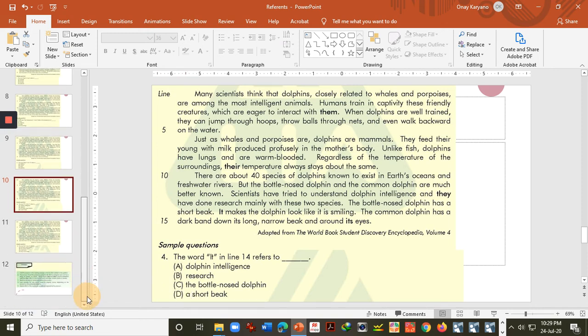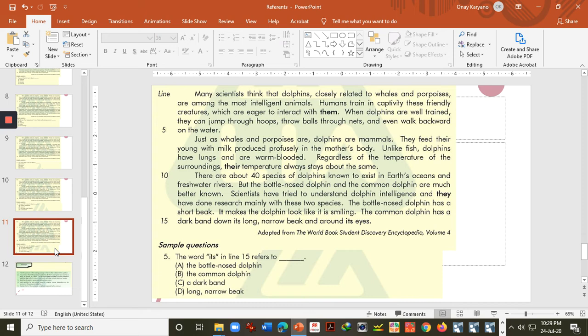Okay, now kita move to number 5. Okay, the word its ini possessive, right? Tapi ingat, mestinya ini adjektif, tapi adjektif dari sesuatu noun. Tetap aja ini berasal dari noun. Okay, the word its in line 15. Nah ini, its eyes. The common dolphin has dark band down its long, narrow beak and around its eyes.